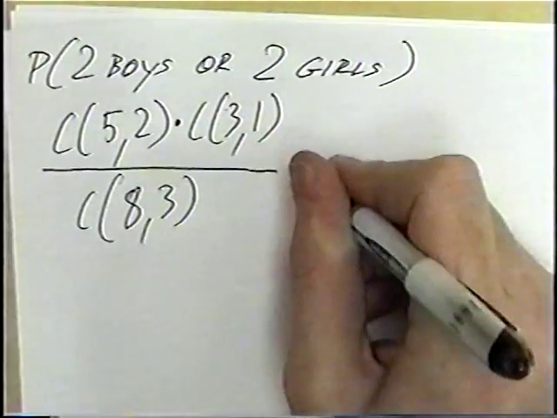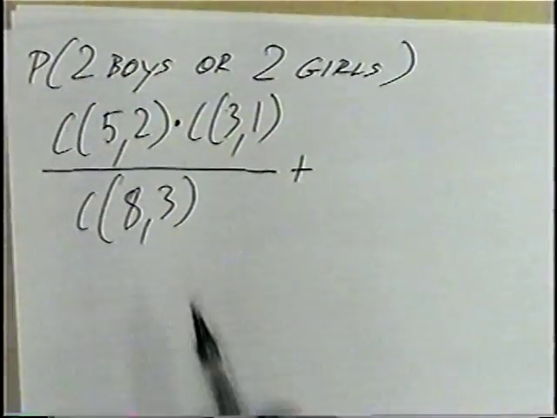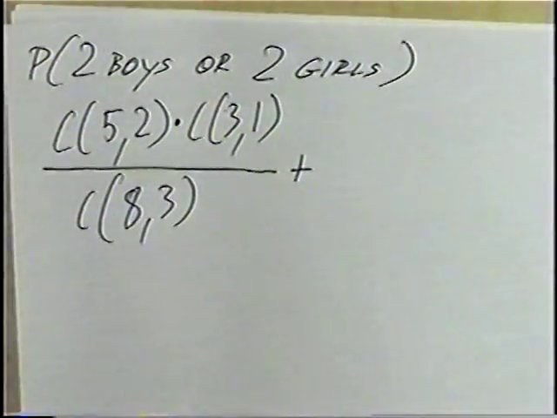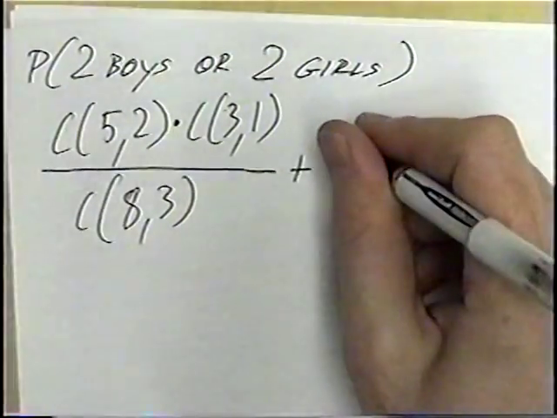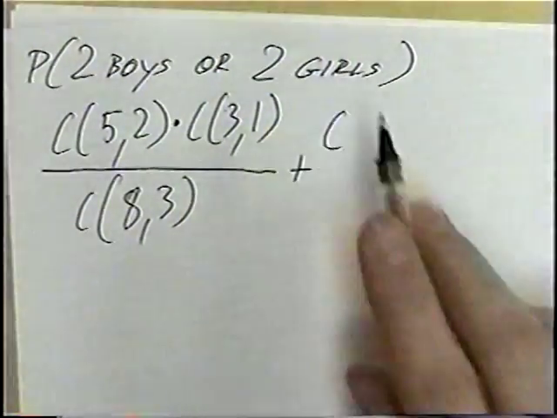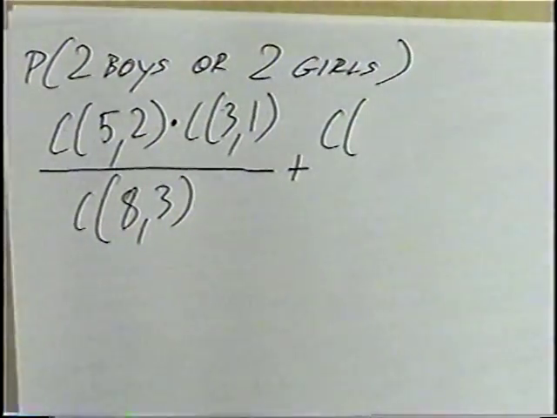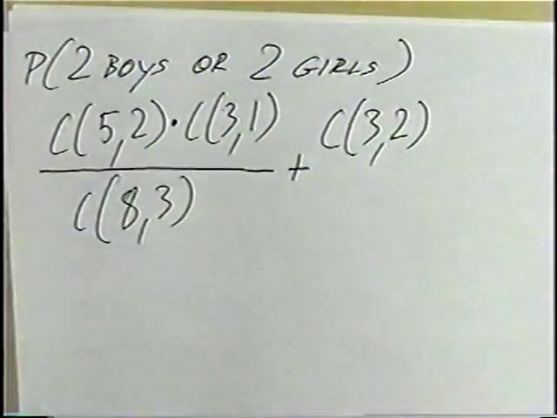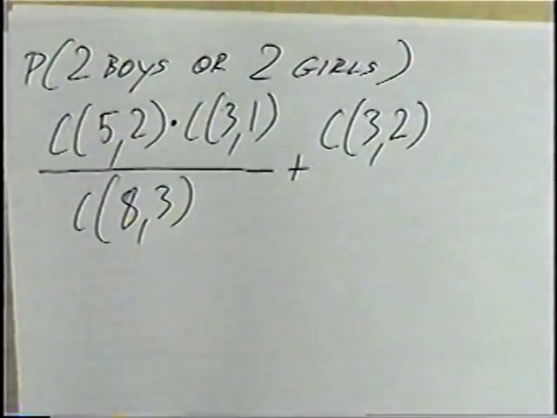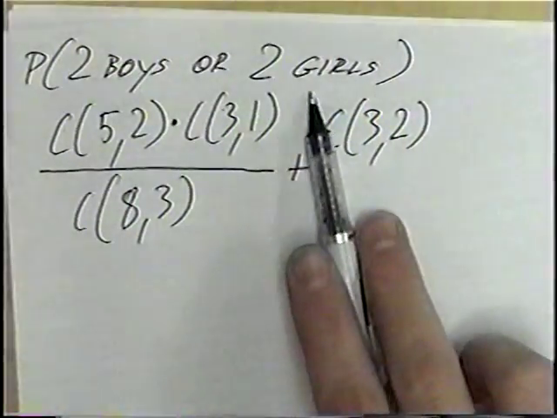The second fraction will add to that. The first fraction was the probability of 2 boys. The second fraction will be the probability of 2 girls. Again, a combination, since the order does not matter on the number of girls that we select. There are 3 girls total, and we want to pick 2 of those. So combination 3, 2 is the number of ways to pick 2 girls.